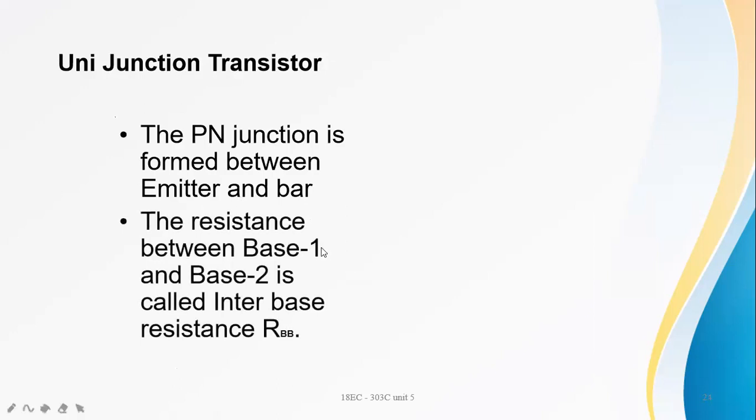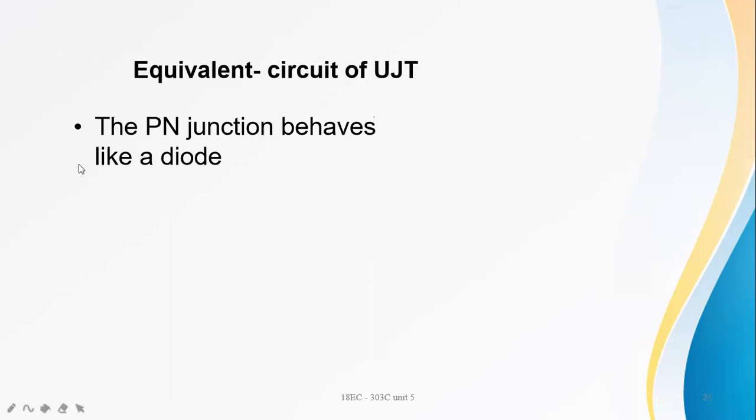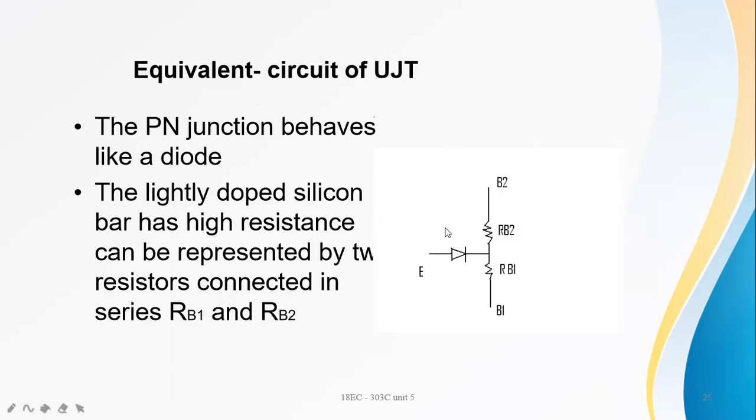The resistance between base 1 and base 2 is called interbase resistance. The PN junction is replaced with a diode, and the N-type bar resistance between B1 and B2 terminals is called interbase resistance.